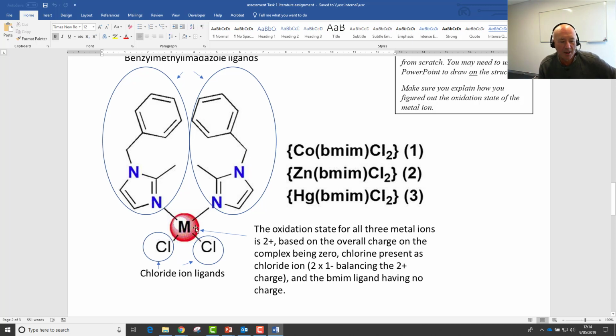And since the overall charge on this complex is 0, as indicated by the authors, the obvious conclusion is that the metal ion must have an oxidation state of 2+, which balances out each of these 1- charges on the chloride ions, and that's what I've written here. I've drawn circles around here indicating that they're the ligands.